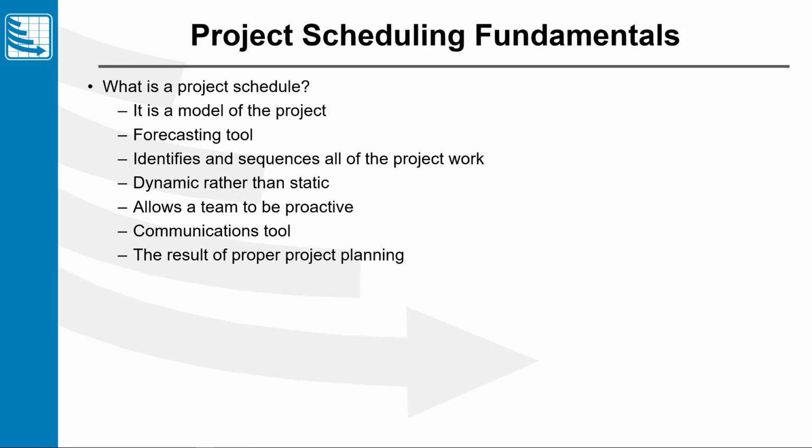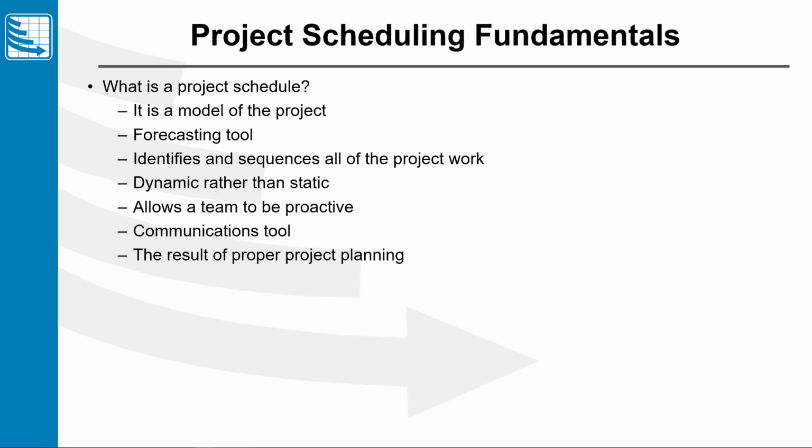Static would be kind of like our Microsoft Excel type environment, where if one task gets delayed, now I've got to look through every single task myself manually to adjust the start and finish dates. We don't want a static environment. We want a dynamic environment where the schedule auto adjusts based on the changes that occur in actual execution.